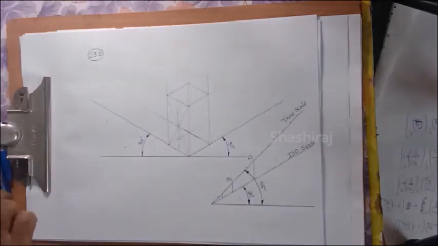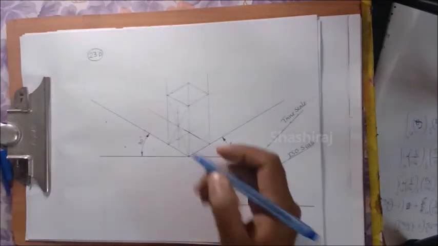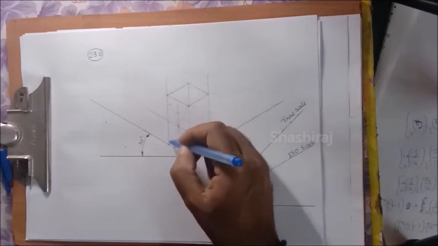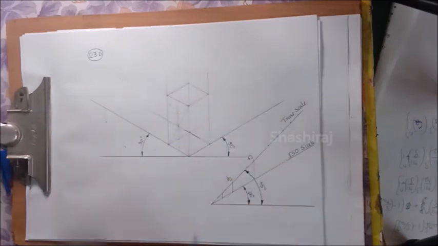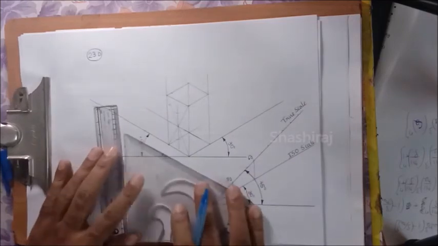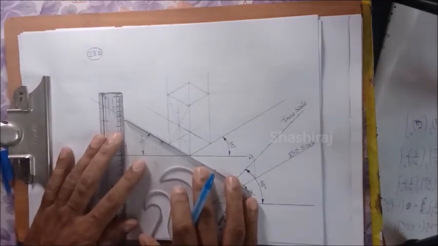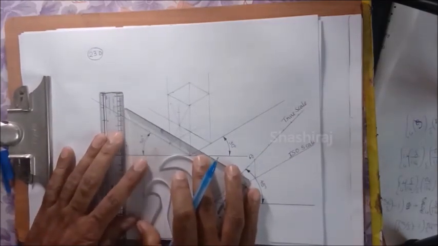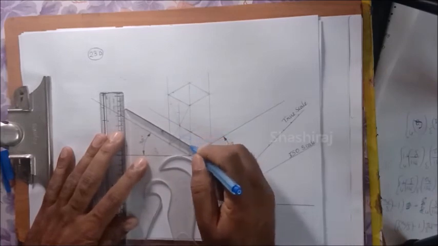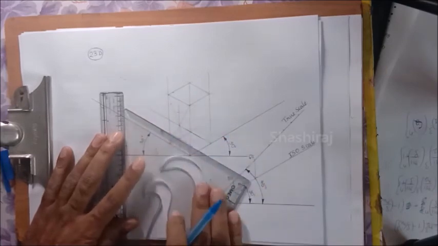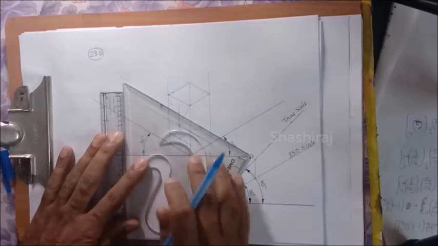Now draw the parallel lines passing through those points. Already this line is there, this line is also there, this line and this line is required. So I'll draw those lines. So one of the line will be drawn here and other parallel line should be from this point.